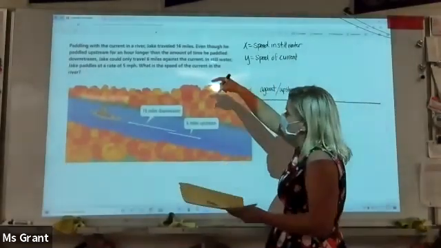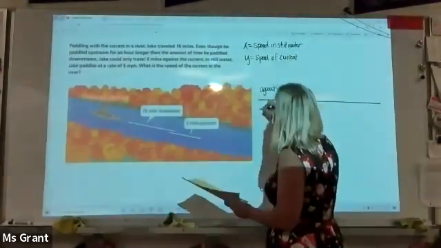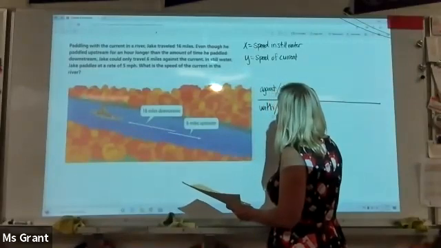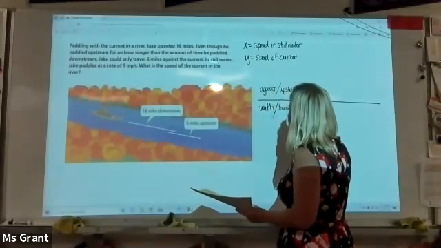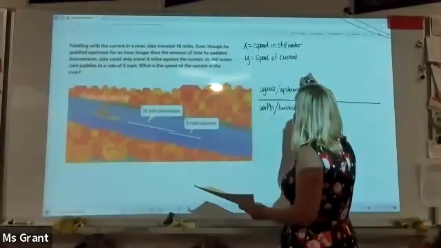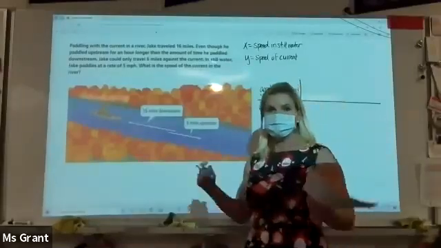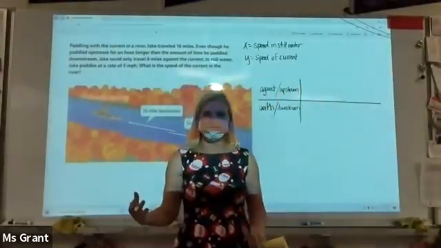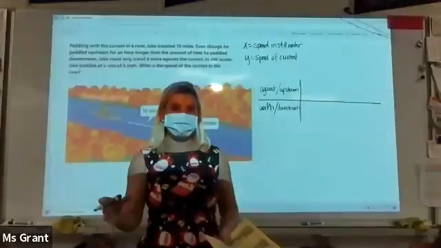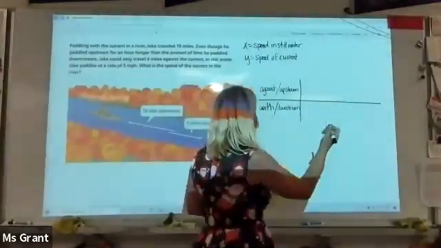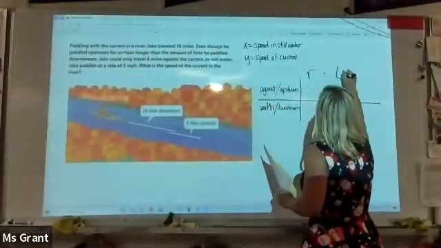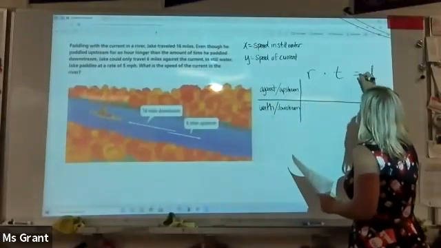And look, it even talks about that in the problem. We're doing a traveling problem. Distance equals rate times time. But as we set it up, I have a chart. It's always backwards. Rate times time equals distance.